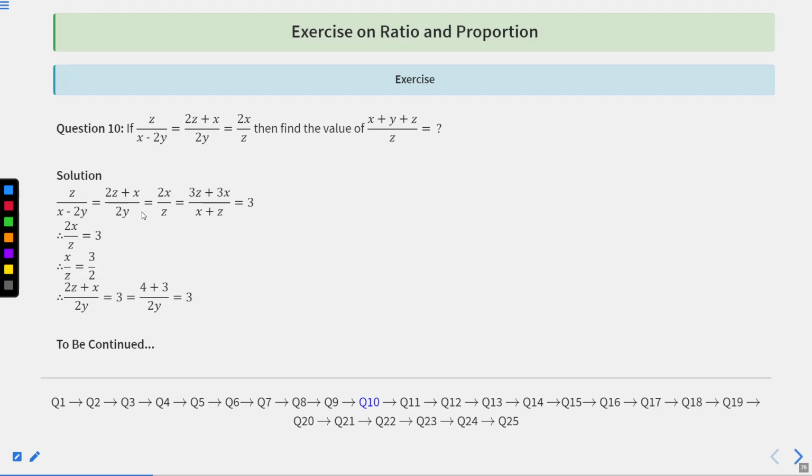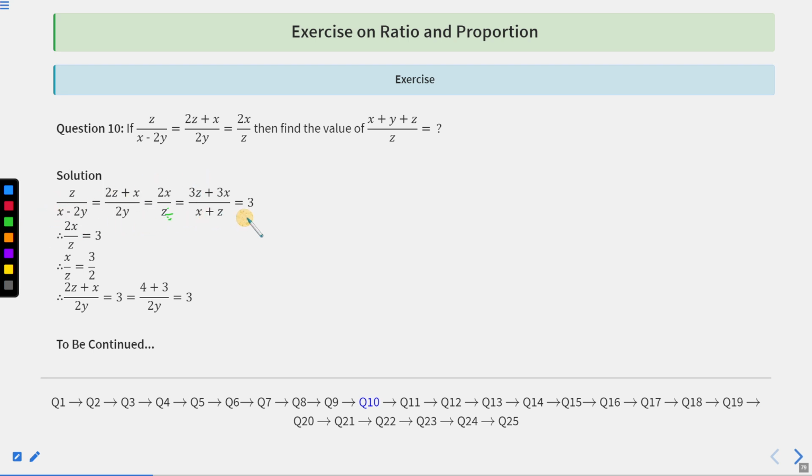So this z upon x minus 2y equal to 2z plus x upon 2y equal to 2x upon z is given to us. So we can add this term, and this term, and this term, and this term, and still this ratio is going to be equal to all of these three. So this is obtained by adding the numerator together and denominator together.